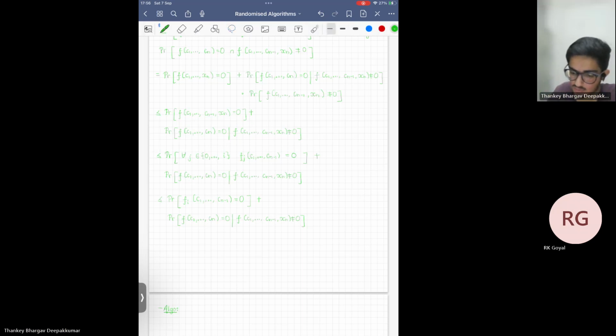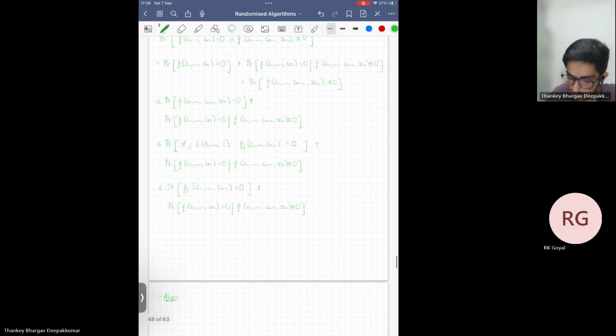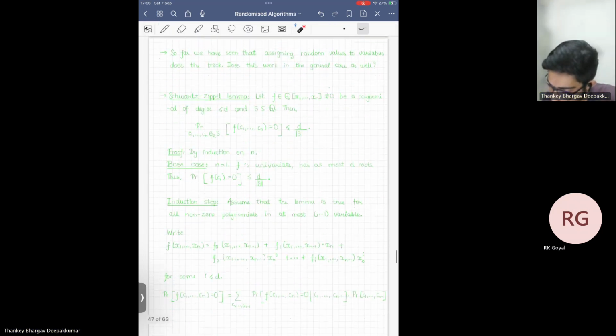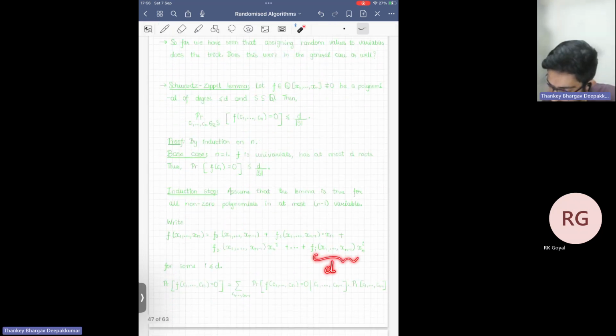Okay. So now I am picking C1 to Cn minus 1 uniformly at random, right? Yes. And if you go and look at Fi, what's the degree of Fi? So the total degree is D, and the degree of Xn is I. So this degree can be at most D minus I, right?